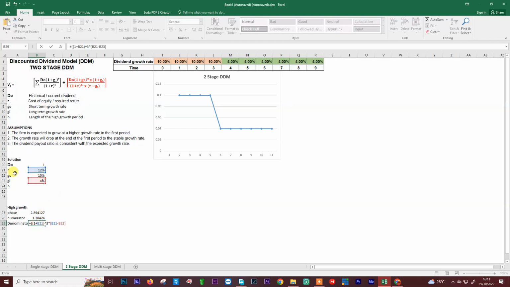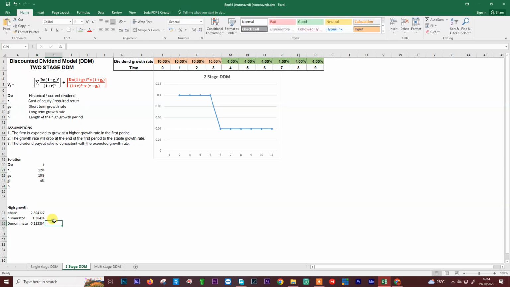B21 is R, yes. Multiplied by power 3. You need to have put a bracket over there, like that. Then times B21, 12%, R minus GL. If you're comfortable with that, we just press enter and it will give us that value.